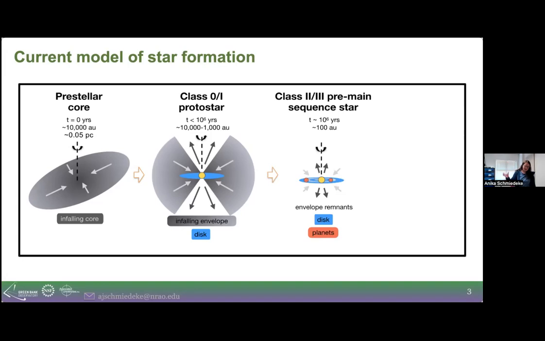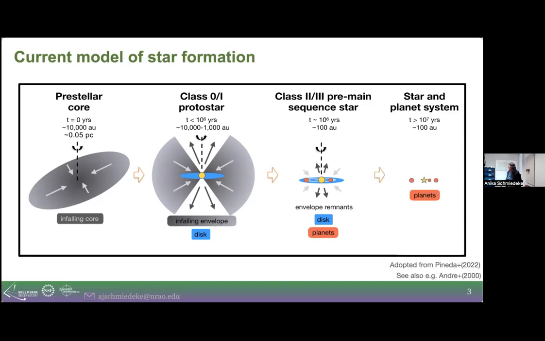With time, more material from the envelope is accumulated onto the protostar, and the envelope is more or less either accumulated or dispersed. And then you start having your star, and your planets start forming within this disk.